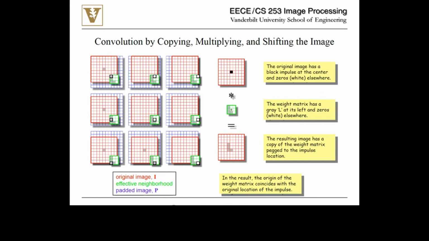Okay, so now let's see if convolving with the delta behaves the same. Let's convolve this delta image with this kernel. This kernel tells me, okay, you have to shift it left and up and multiply by 1.